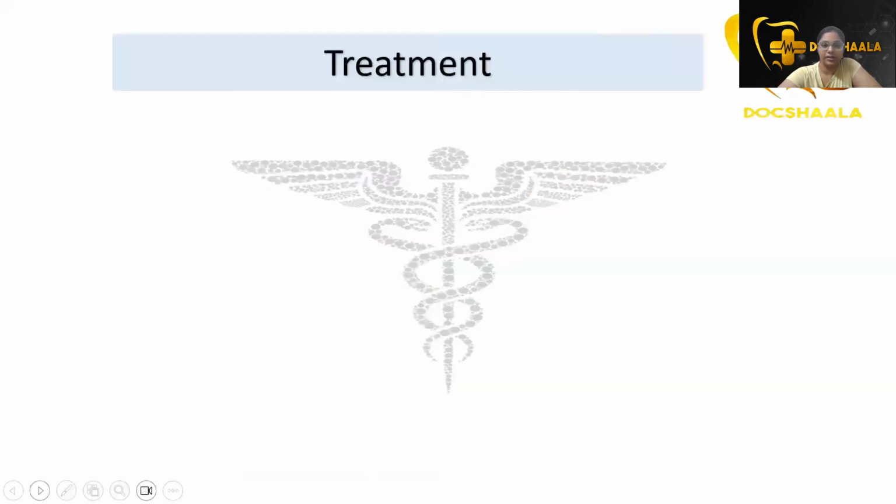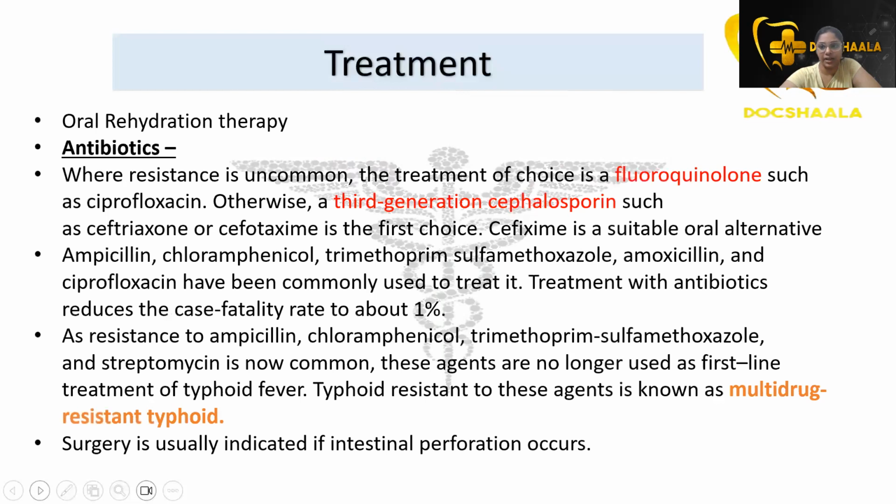then coming to the treatment. Oral rehydration therapy is a must for typhoid patients at any stage, because they will be going through dehydration and malnutrition. Along with that, antibiotics.